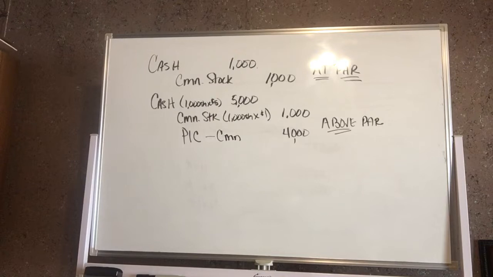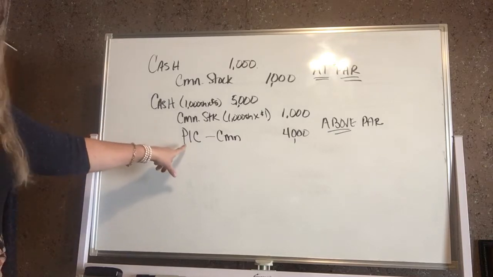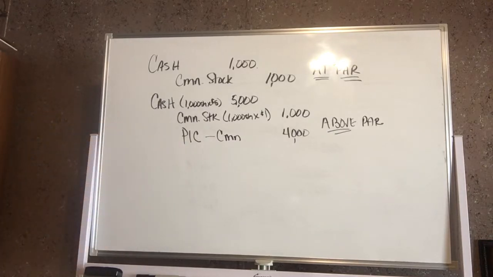Okay? Now, if it is issued for value less than par and the PIC account doesn't have a credit balance in it, then you have to debit retained earnings.